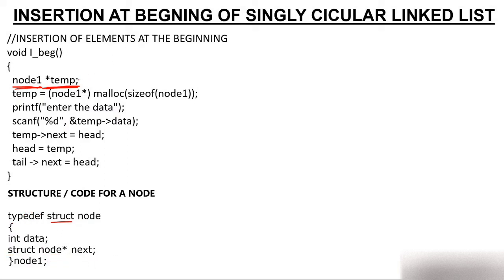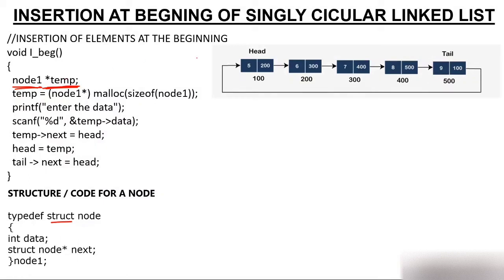Now comes the coding. Node1, I have created a pointer temp. Now I have to create a node. So you have a linked list and you have to insert a node at the beginning. In order to create a node, you have to use the malloc function. I have created a pointer and then used malloc, asking it to create a size of node1, having two parts, data and address.